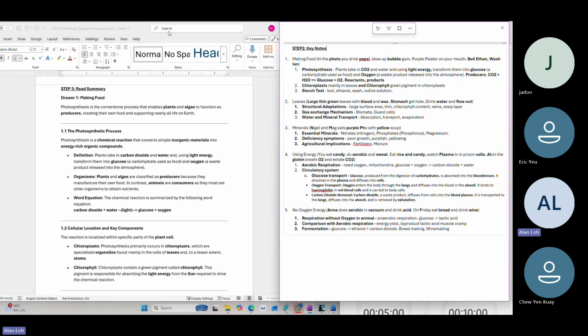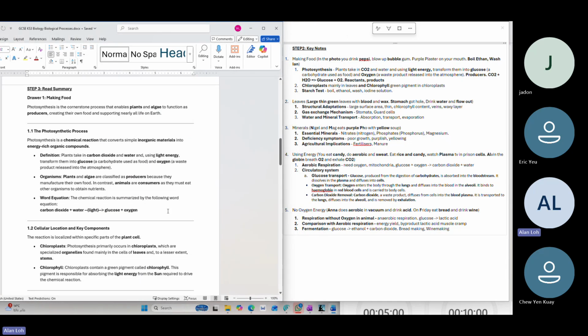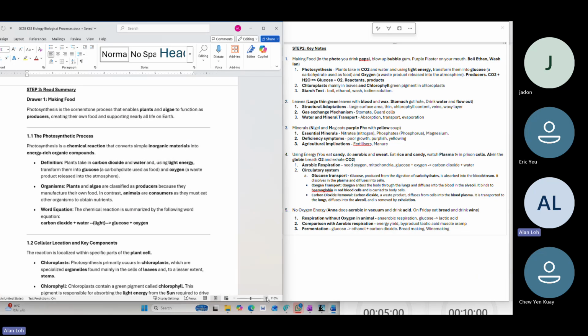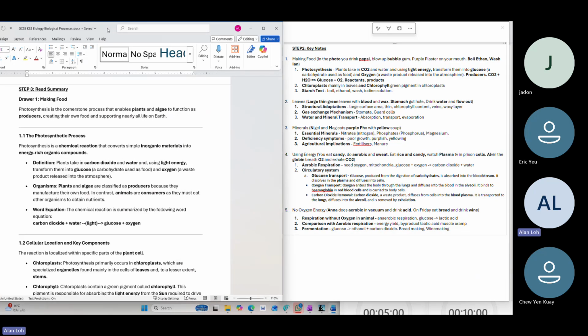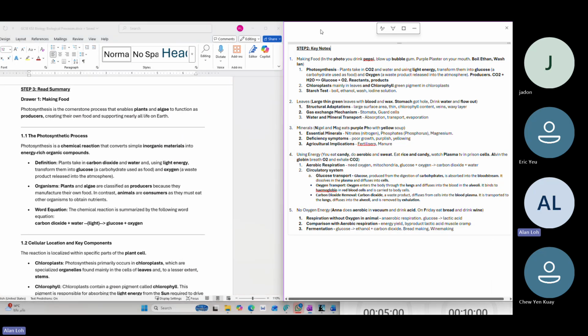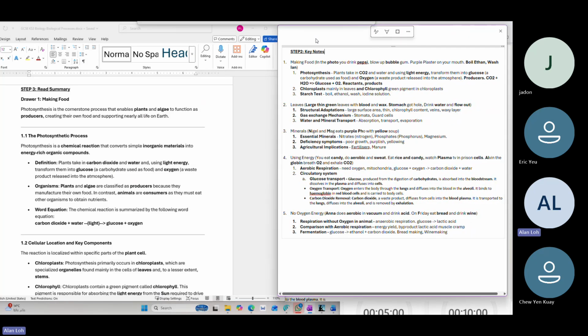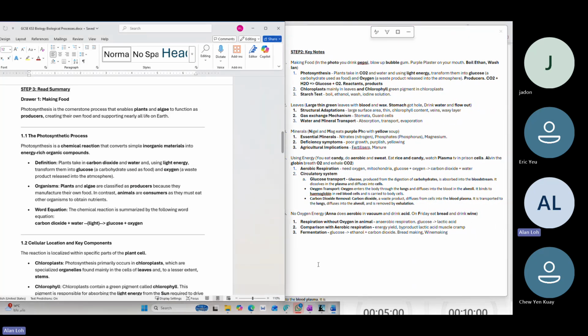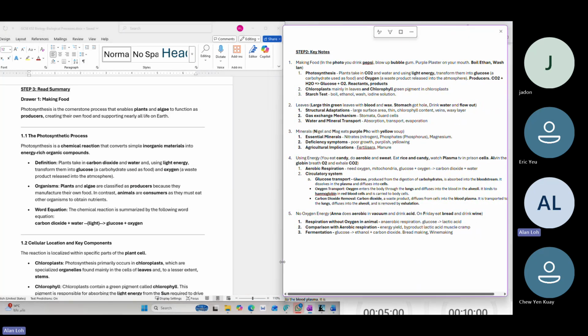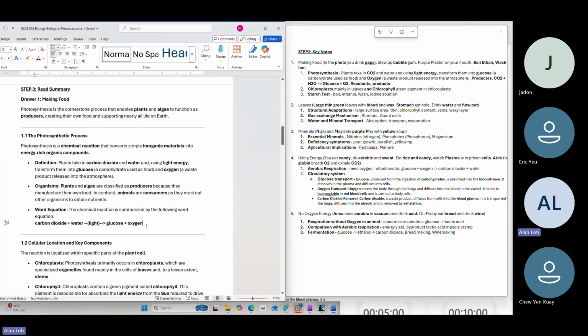You'll be given some time to read. And how do you read? You read first and ask yourself, which drawer is this?